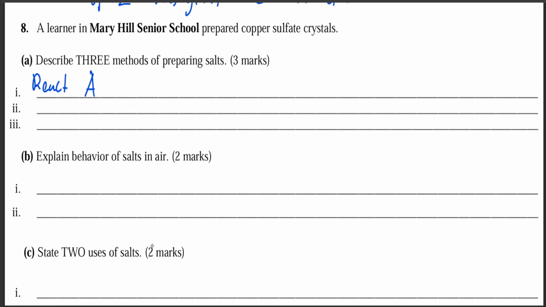React acid with a metal, you get metal salts. Now hapa isema describe, but it's just 3 marks. The second one is neutralization reaction. So you react acid with a base for metal salt pia, and the last one is precipitation reaction.